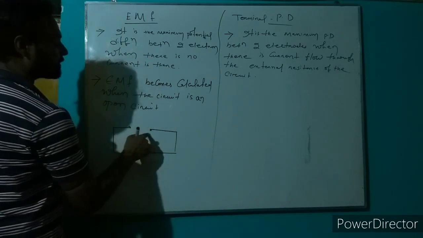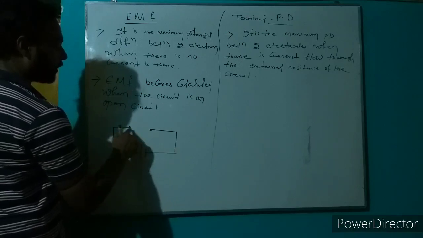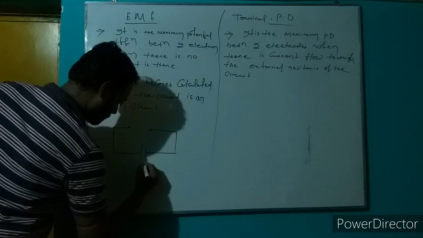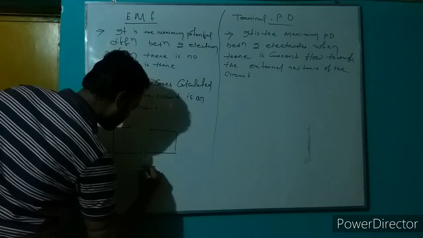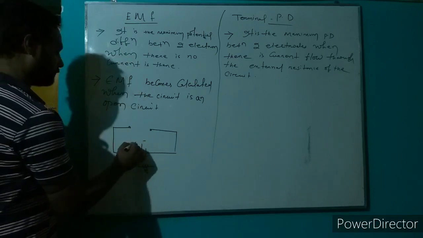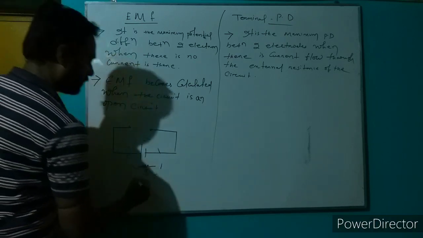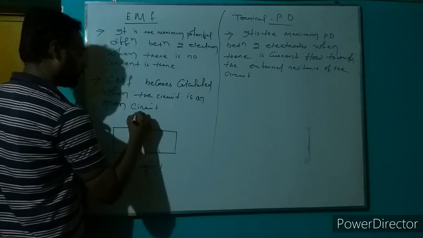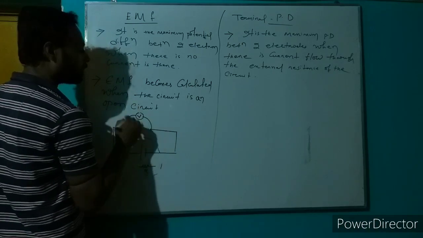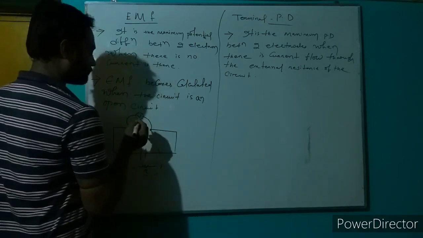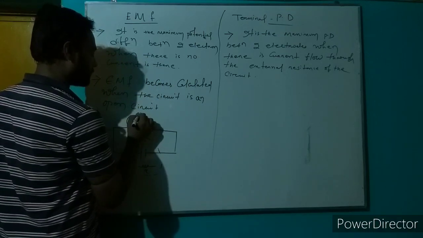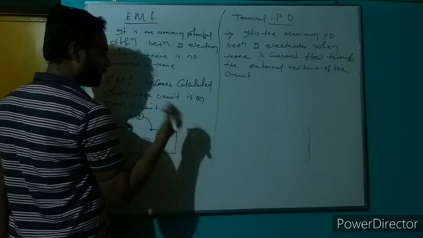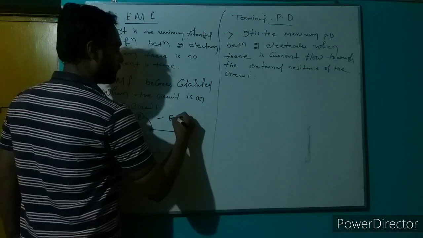There is no external resistance connected between the two ends of the wire of the cell. Here this is the internal resistance r. That becomes calculated and that is connected to a voltmeter or potentiometer. Here it is obtained, that is EMF.